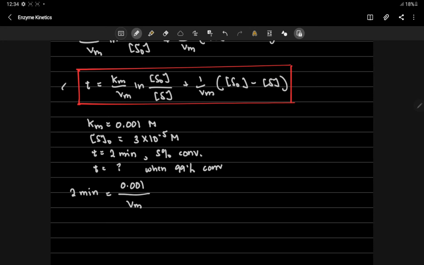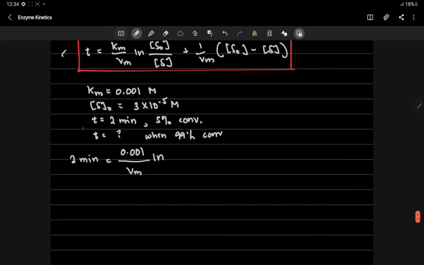Wala tayo ng Vm. Alright, Ln, you have here a case of 5% conversion. Okay? Initially. So, initially, ito yung ginagawa natin ngayon. Ito yung sinusulat natin. So, this condition here, we're applying that here.